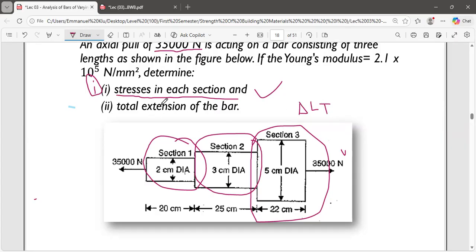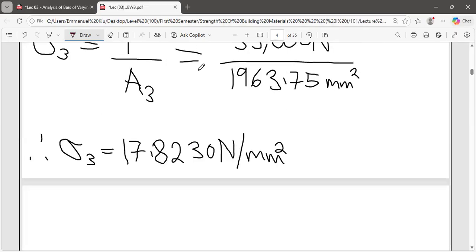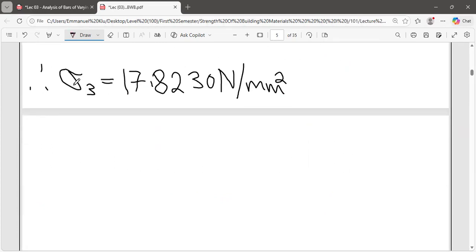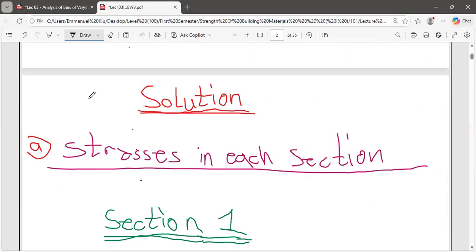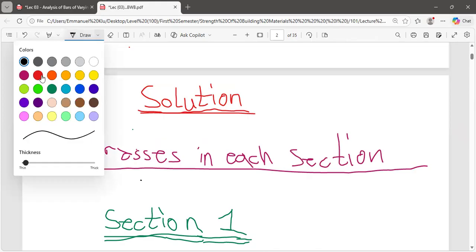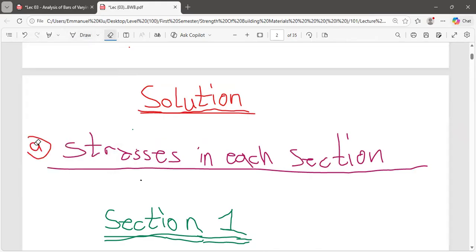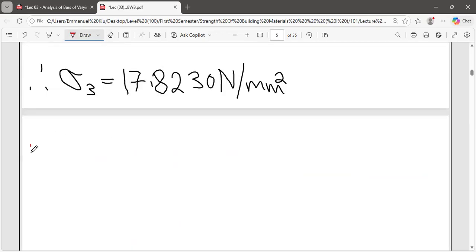From whatever we learned previously, we are going to apply that same idea over here. So let me denote here as II. Before that, I want to also correct something over here. So this becomes our II, and this is the total extension of the bar.